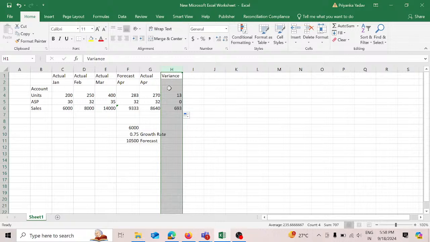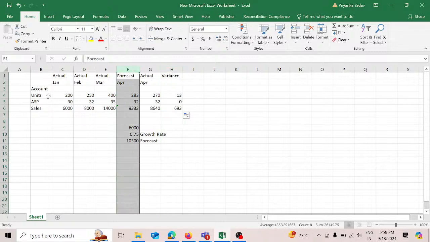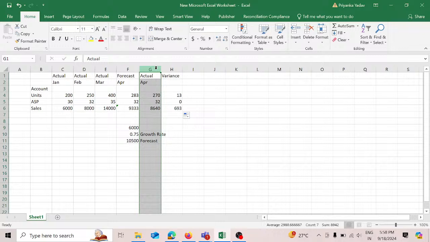Yeah, so I was saying that we have calculated the forecast on the basis of the drivers that we have created in the application. Now once in April we get the actual sales figure, you can see the variance here. On the basis of this variance, in the data form itself, I would have created a validation rule, where we give a condition.